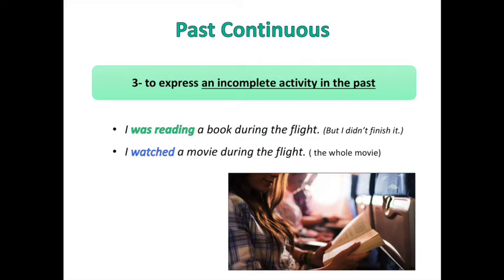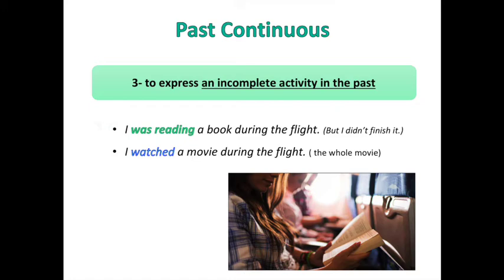We can also use past continuous to express an incomplete activity in the past. For example, if I say I was reading a book during the flight, that usually means that I did not finish the book.